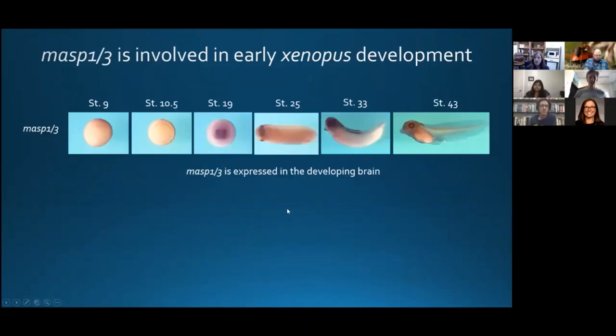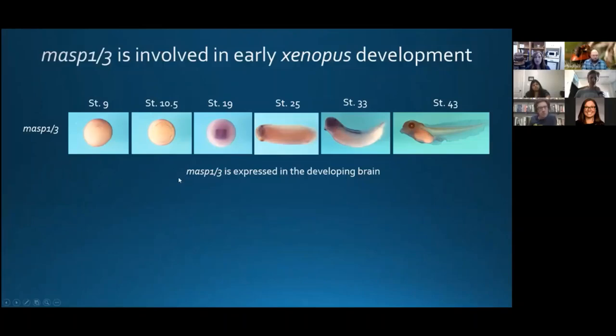So we've been studying this gene in our Xenopus system. So these are early Xenopus embryos at different stages of their development. And this is a type of experiment called in situ hybridization, where we can actually look at where a specific gene is actively being expressed at any particular time.